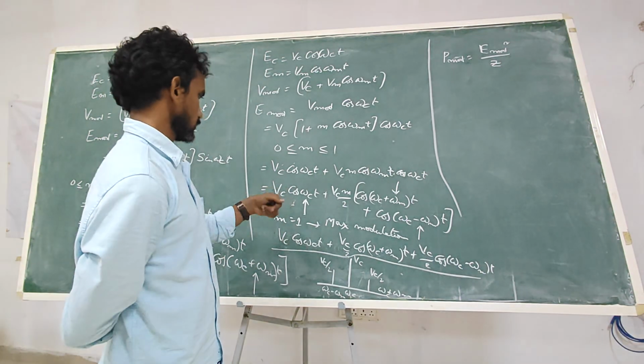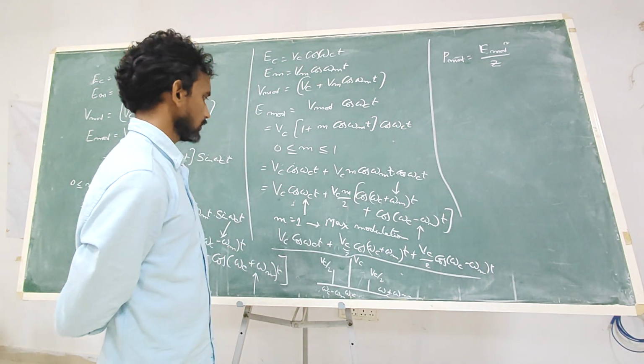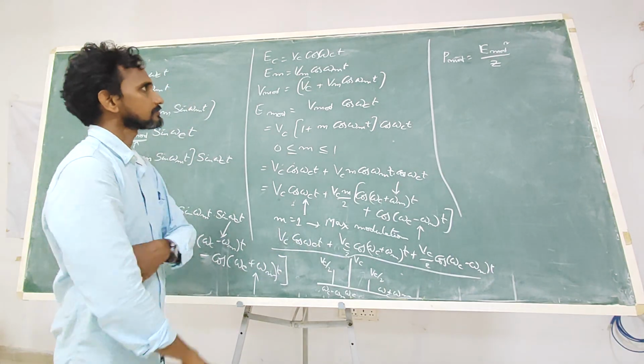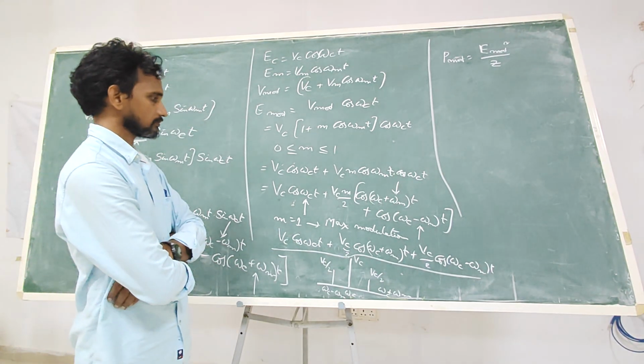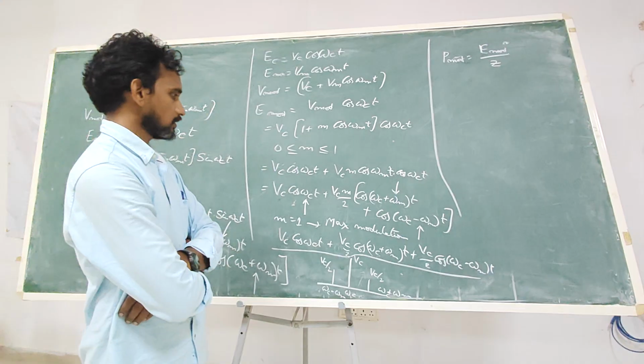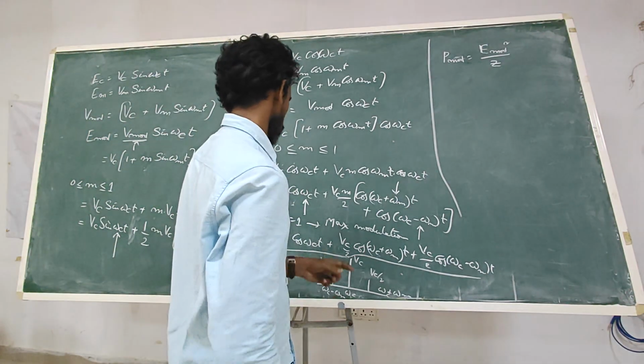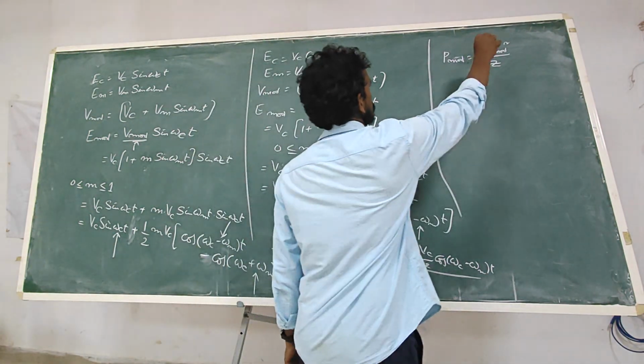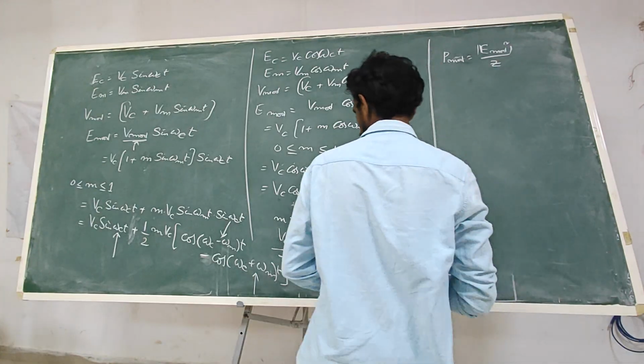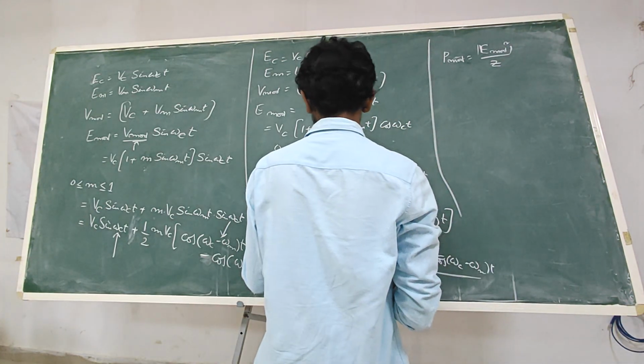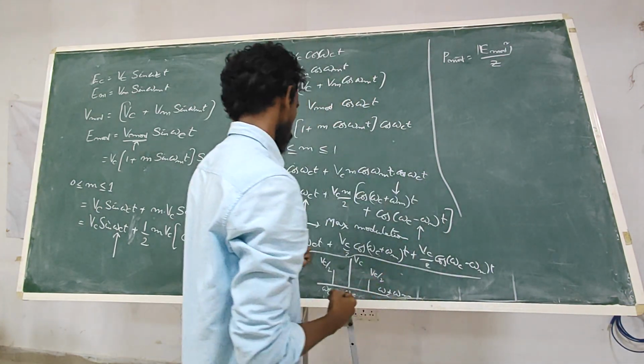So if you take the square of the individual terms, you have to integrate each term from 0 to 2 pi.